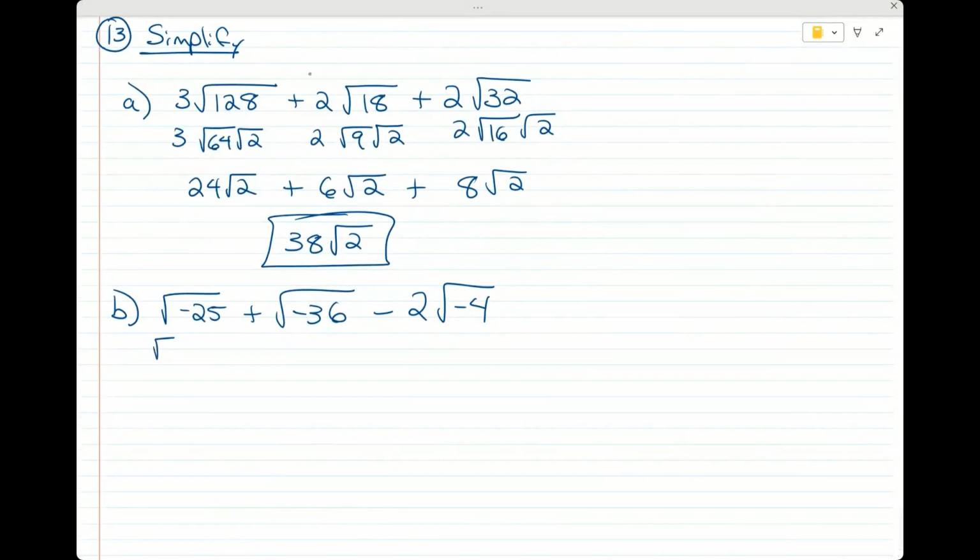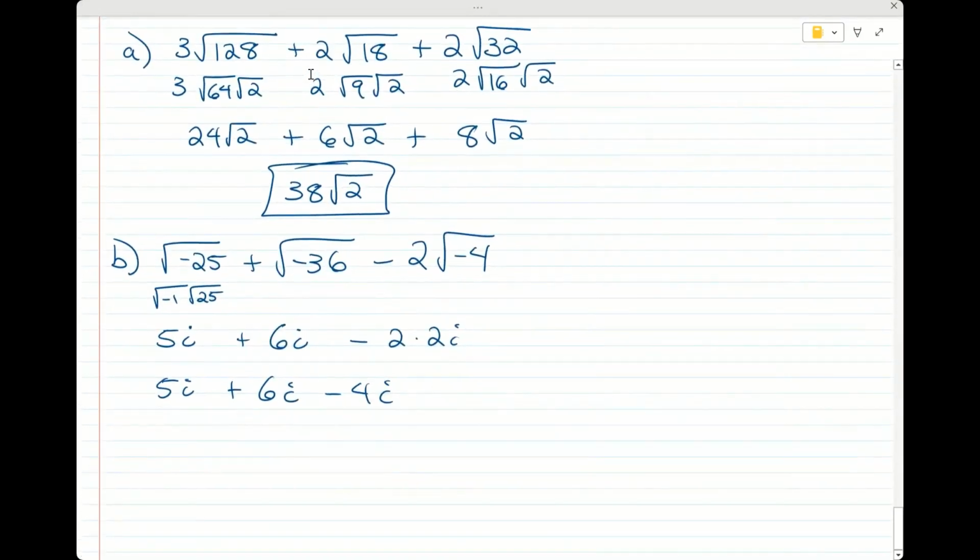So this is the same thing as negative 1 times the square root of 25, or 5i. Square root of negative 36 likewise is 6i. And then 2 times 2i would give us negative 4i. So because we have 3 of the same terms, we can go ahead and combine those. 5 plus 6 is 11. 11 minus 4 is 7i.